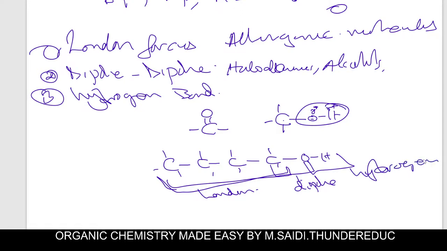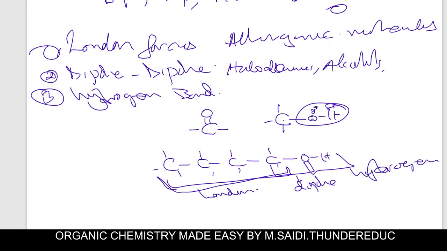That's why we say that all compounds which have hydrogen bonds, I'm not talking about inorganic like water, I'm talking about organic, have the London force, the dipole force, and the hydrogen bonds. Class, am I clear? Let me know if I'm clear in that regard. So they have London force, dipole force, and then hydrogen bonds.